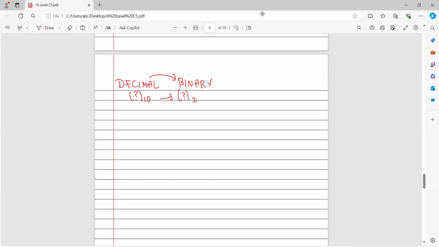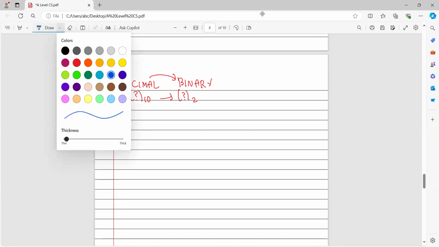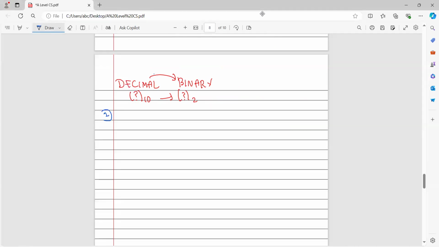Similarly, if I have a question like 87 in decimal, and I want to convert that into a binary number, what I will be doing is first creating the same series: 1, 2, 4, 8, 16, 32, 64, 128.